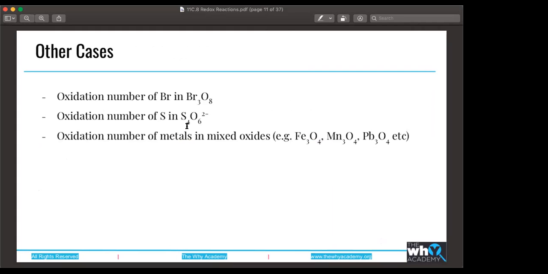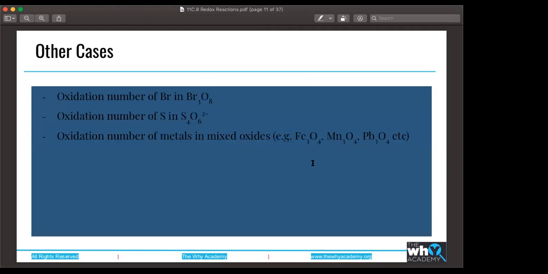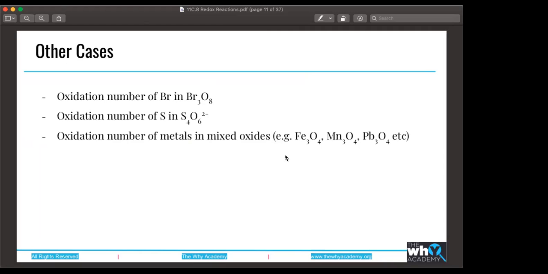Other cases: if you check the oxidation number of bromine in Br3O8, you would get a fraction. And the oxidation number of metals in mixed oxides like Fe3O4, which is a mixture of FeO and Fe2O3, with iron in both +2 and +3 oxides. If you calculate it by the conventional method, you get a fraction because it's a mixture of +3 and +2 oxidation states.